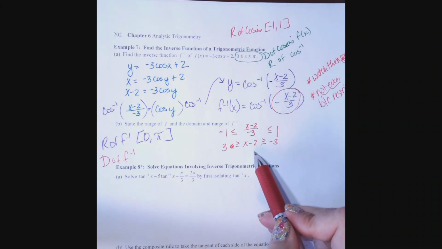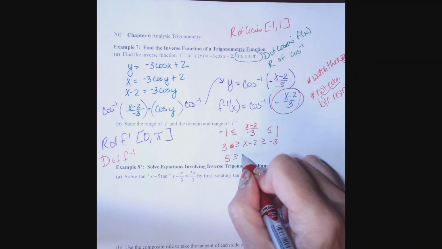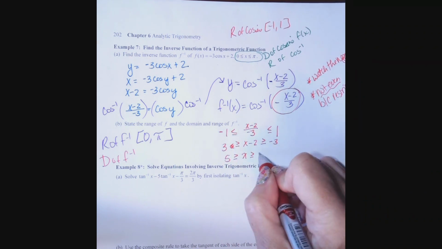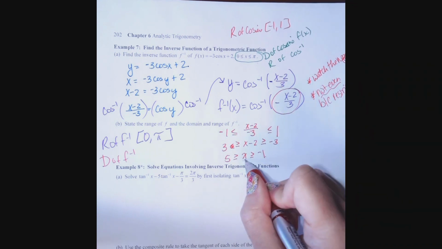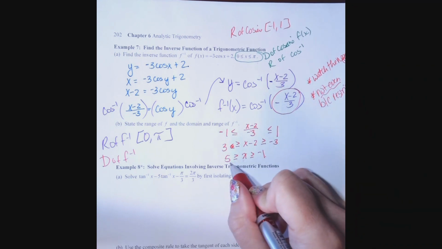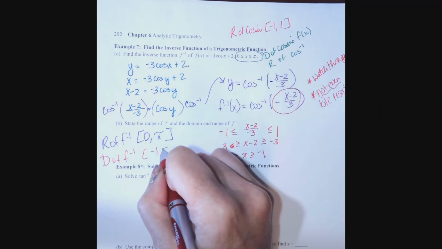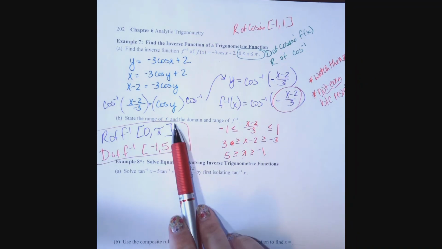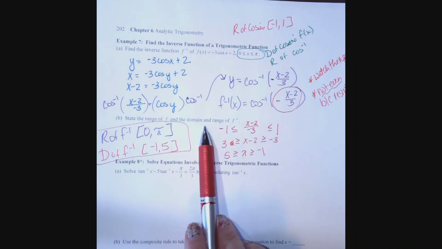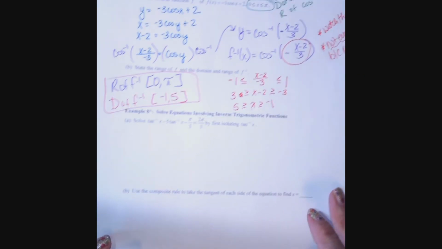I'm going to add 2. When I add 2, I get 5 greater than or equal to x greater than or equal to -1. So x is greater than or equal to -1 and less than or equal to 5. So my domain here is from -1 to 5. It didn't ask me to do, oh no it did, domain and range of the f inverse. Okay, makes sense? Let's do this last example.